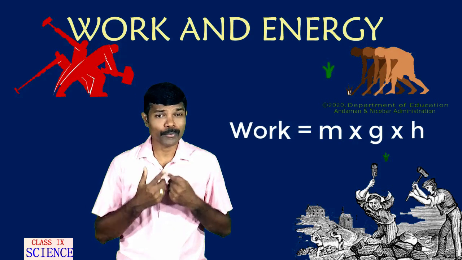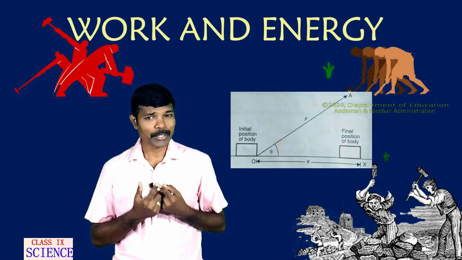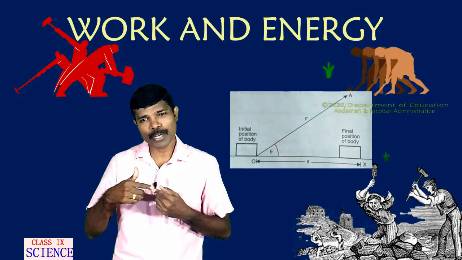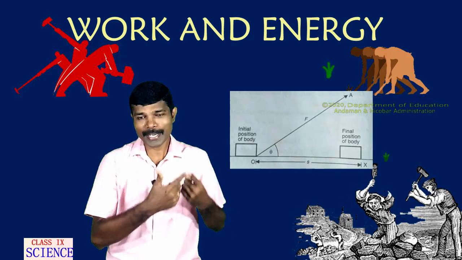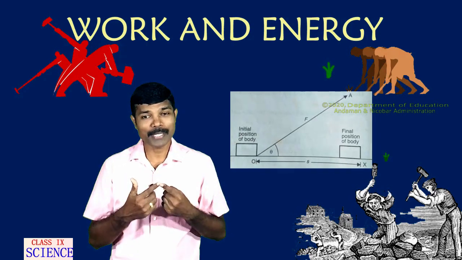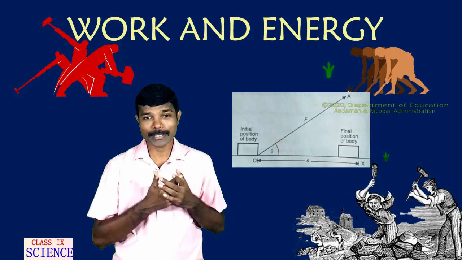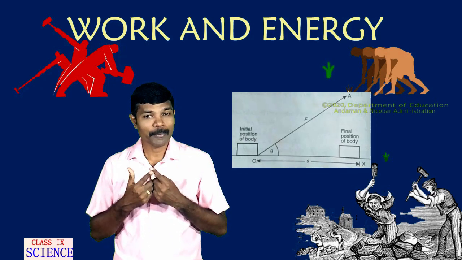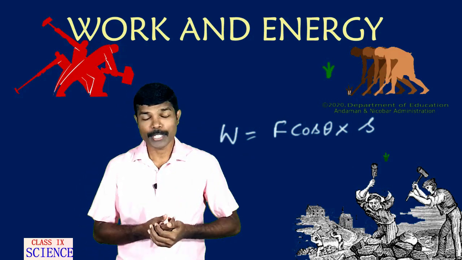Later on we have seen work done by a force acting obliquely. In that case we have used another formula, right? When we apply force to an object, the applied force may cause motion in another direction. If the motion of the object is different from the direction of the applied force, we call it a force acting obliquely. In that case we use the formula W = F cos θ × displacement.